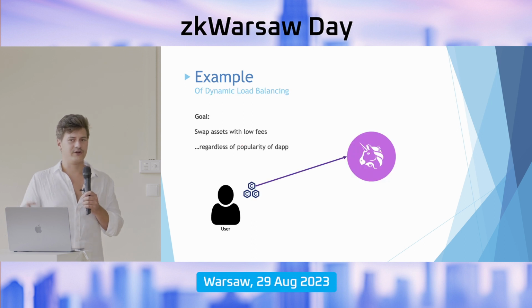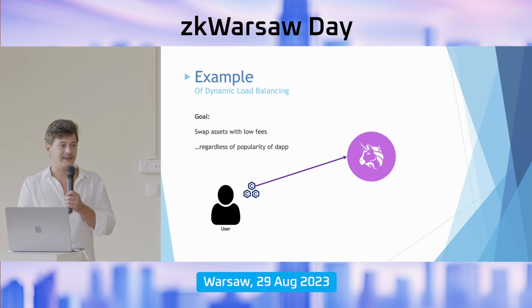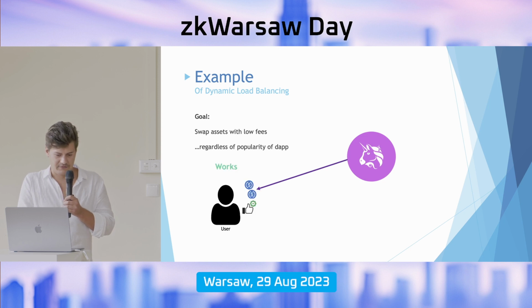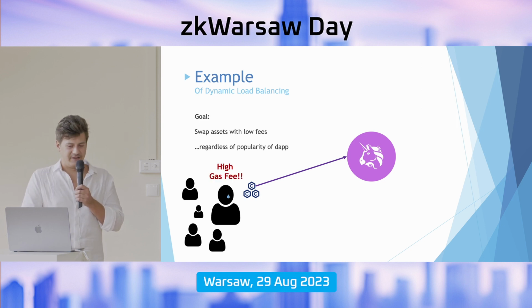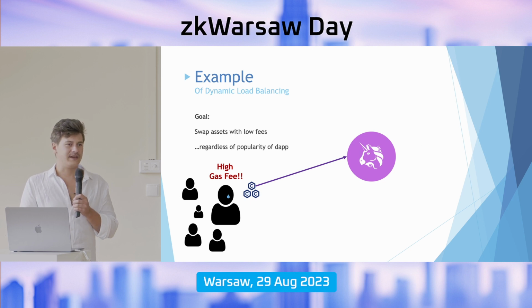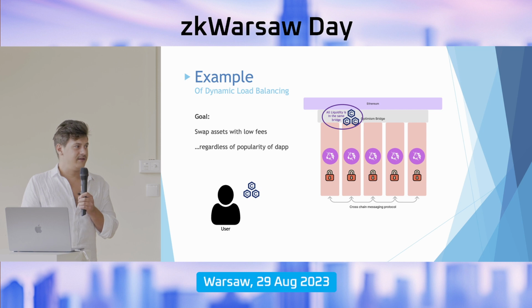And a cool sort of thing that you can build on top of this is, let's say, currently, without having those features, let's say Uniswap has its own L3, and you do some swaps there. Like, cool, it works. But again, the problem is maybe there's too many people now swapping on Uniswap L3, and so you get high transaction fees again, right? What we can kind of do, and this is early in design, is, again, all the liquidity is in the L2 for the L3s.